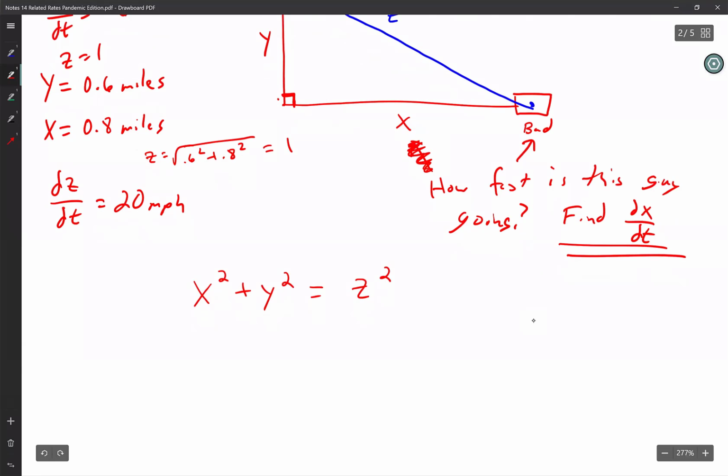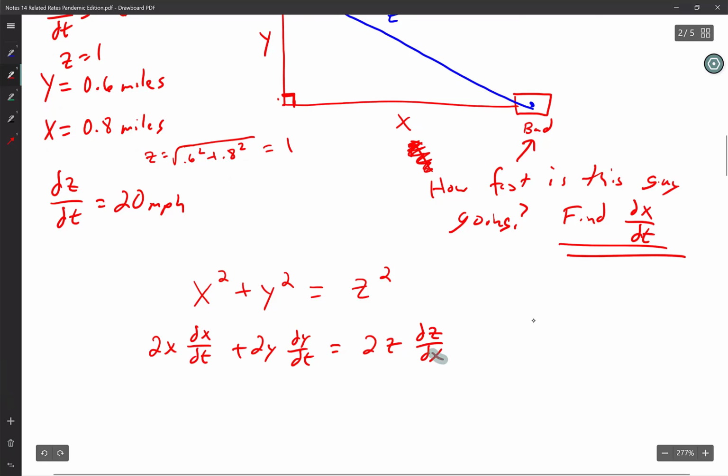T. 2x dx/dt plus 2y dy/dt equals 2z dz/dt. Oops, that's a t, not an x. And then look, I got everything, guys. I have x. I don't have dx/dt, that's what I'm looking for. I have y, I have dy/dt, I have z, I have dz/dt.